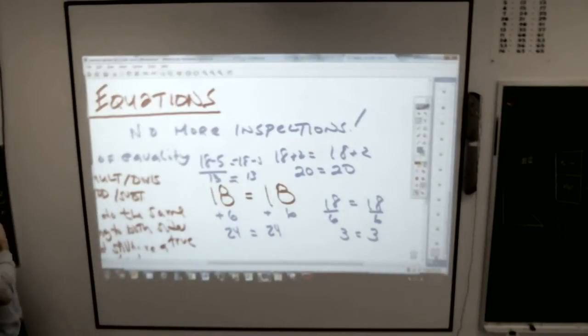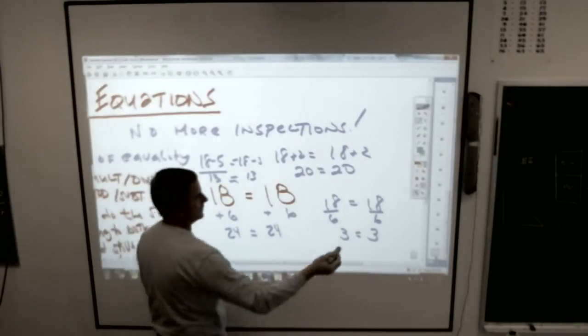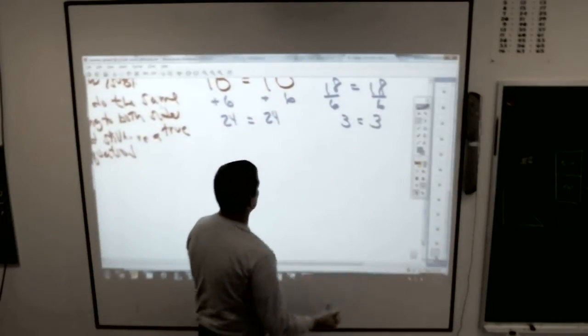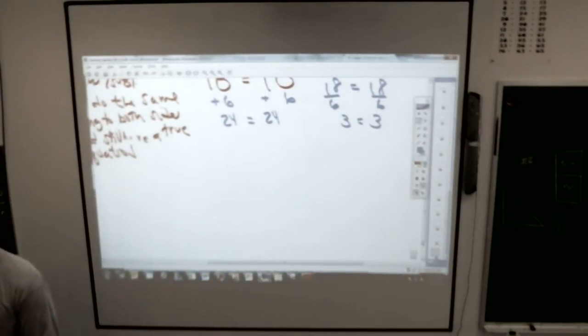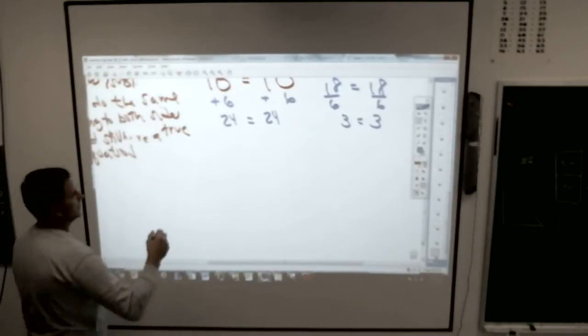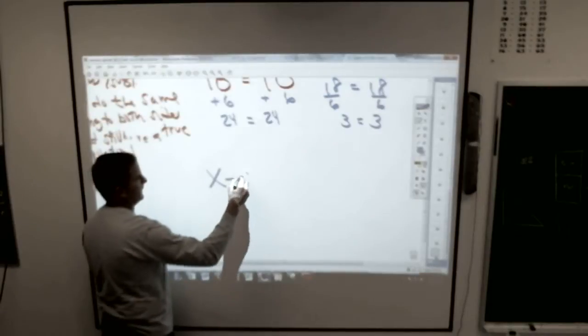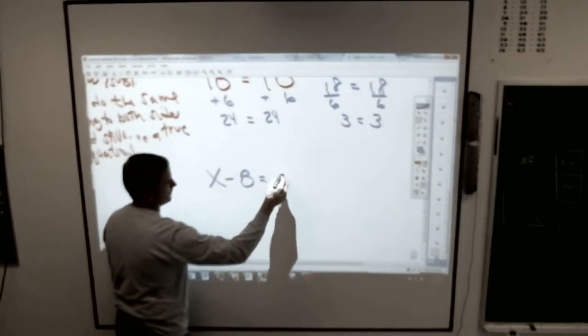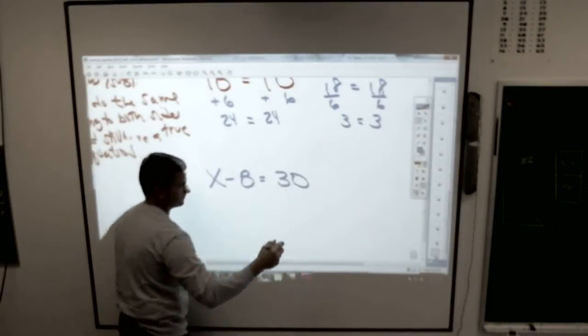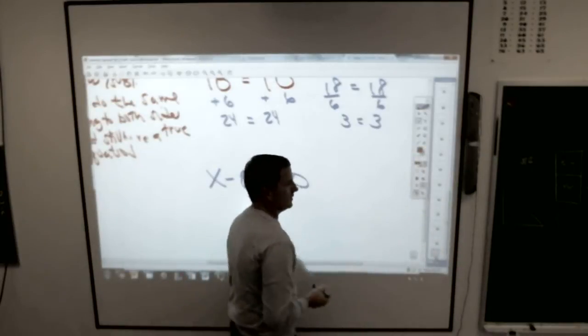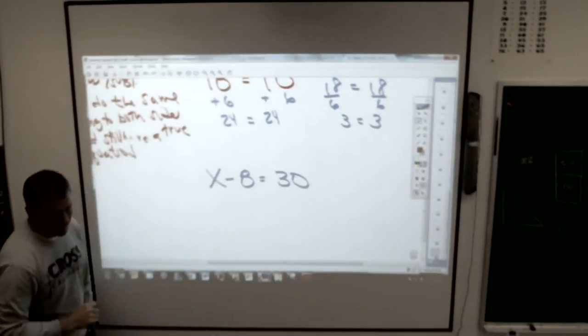Okay? Because what's going to happen is this. You're going to be given an equation. Let's find a good equation here. x minus, well, let's start with an easy one. x minus 8 equals 30. Now, when it comes to equations, here is key.